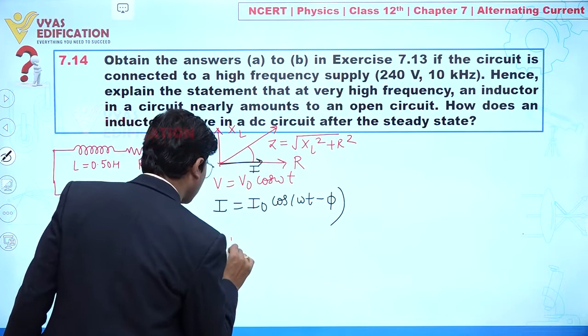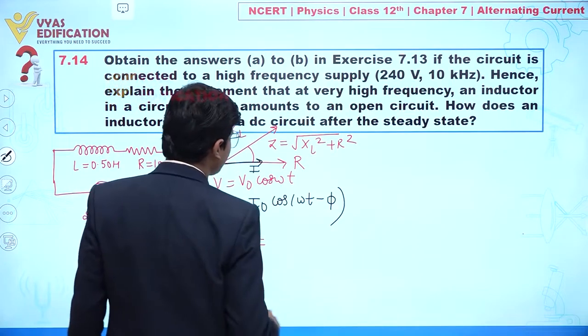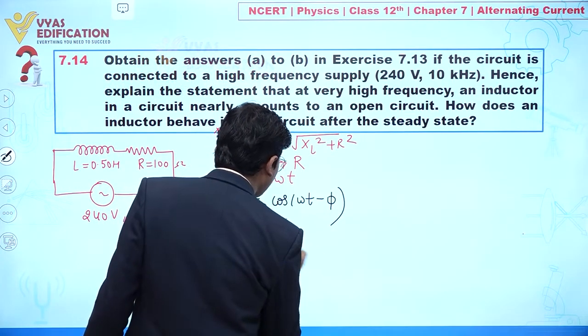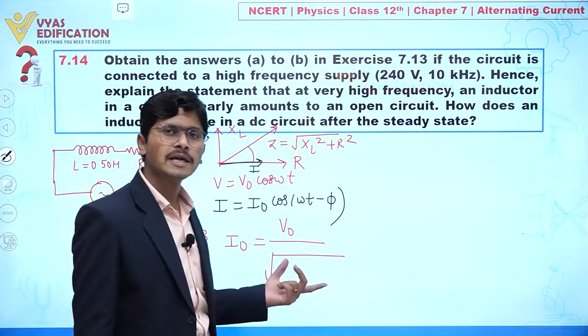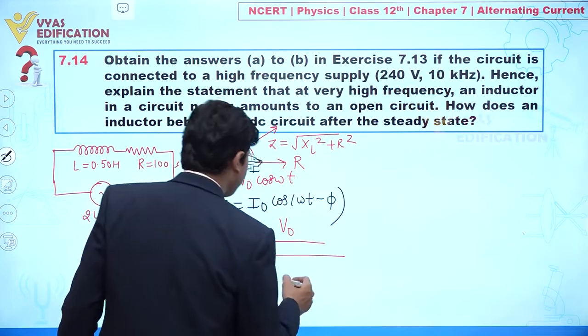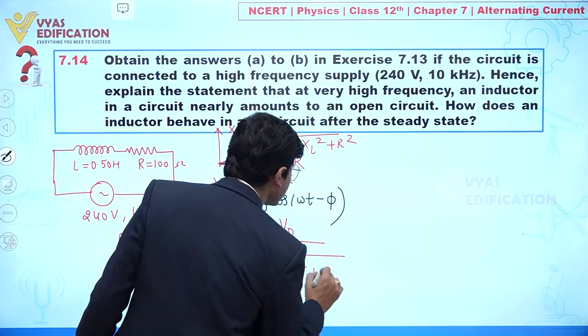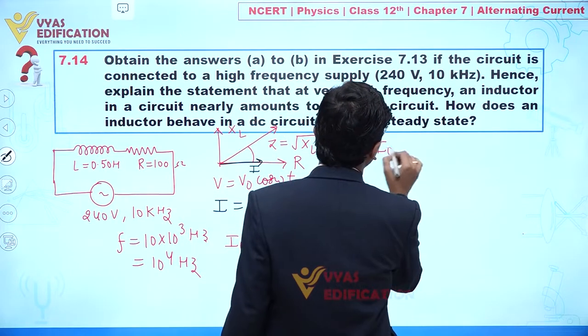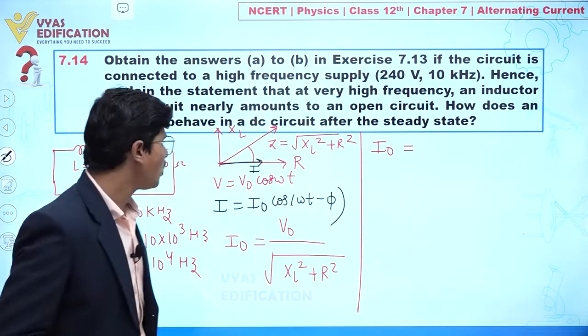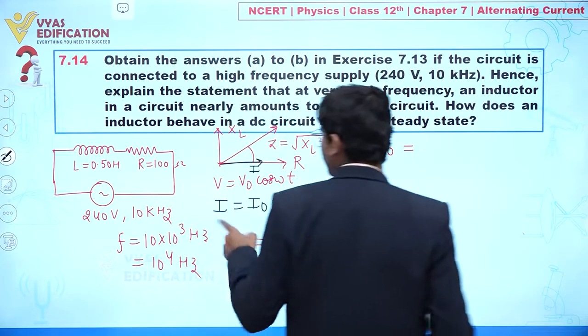I naught, the maximum value of current, is given by V naught upon the square root of the impedance, that is, Z given by XL square plus R square. So the value of I naught is equal to V naught. V naught equals what?